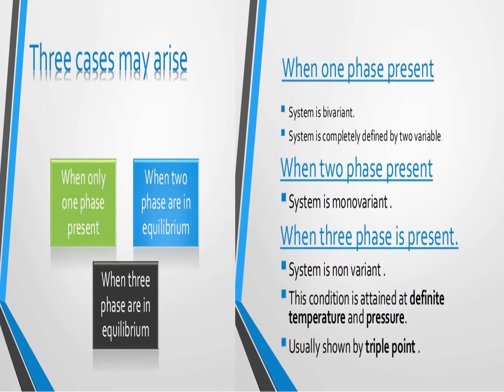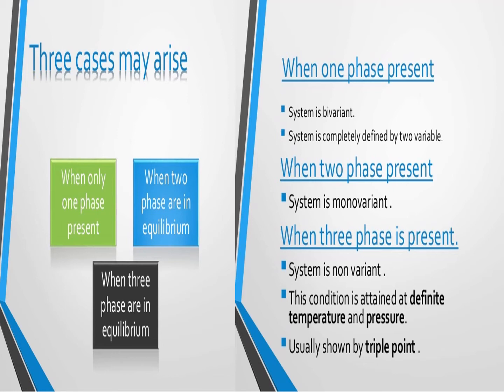There are three cases that arise. The first is when one phase is present, the second is when two phases are in equilibrium, and the third is when three phases are in equilibrium. When one phase is present, the system is bivariant.